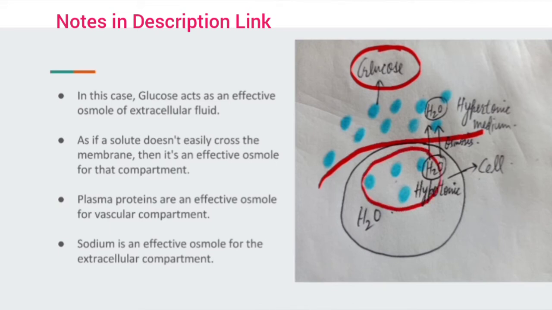So what will happen if glucose accumulates outside the cell? We know that our cell membrane is a semi-permeable membrane. So in this case, the principle of osmosis takes place, and water starts to move from a region of hypotonic solution to a region of hypertonic solution.